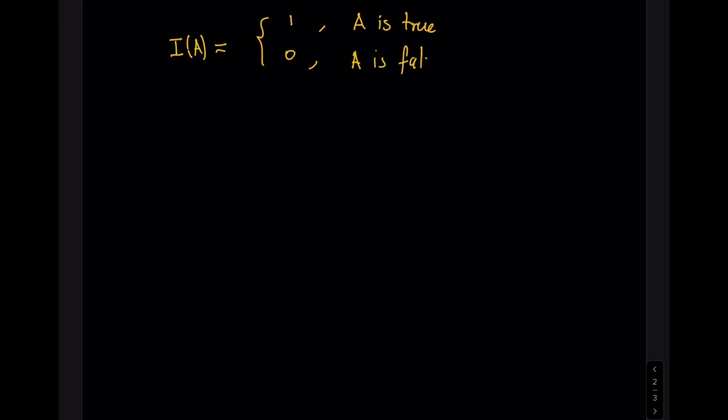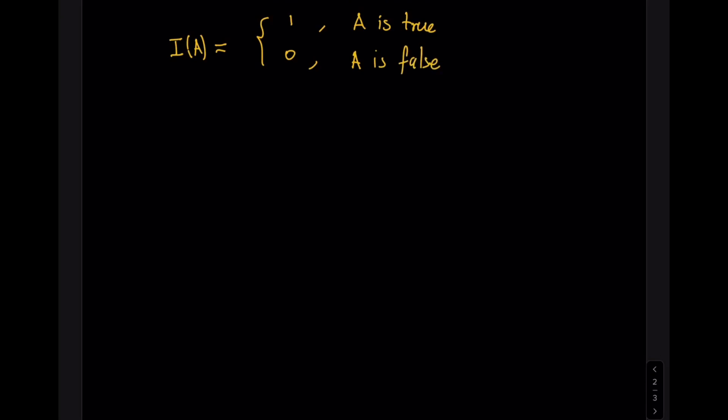Again, I'm going to write a definition here: remember it's something like 1 if the statement A is true, and 0 if the statement A is false.